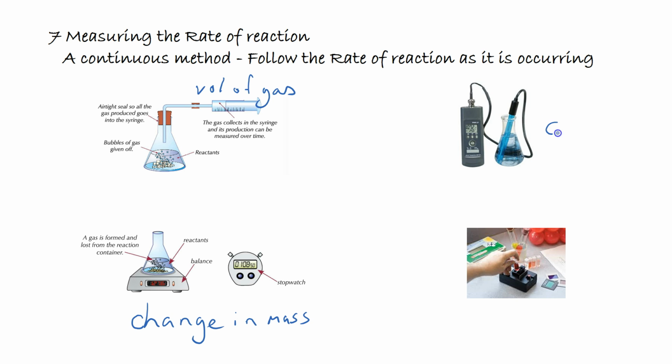We might also measure the pH of a reaction, and here we've got a pH meter in a conical flask to measure the pH. Or finally, we might measure the change in colour of a reaction with time, and in order to do that we use something called the colorimeter.